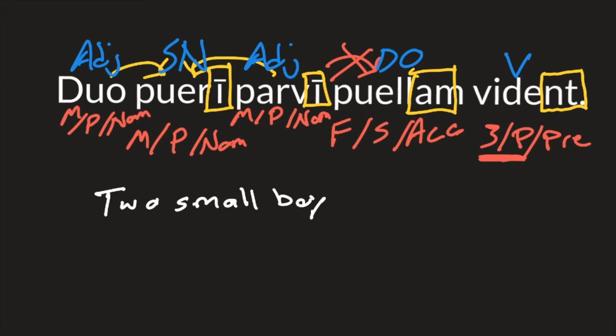You could say the two small boys if you wanted. And then our verb videnti is present tense, so it's just going to be see or are seeing. Two small boys see puellam, our direct object, the girl or a girl. I'm going to say the girl. There we have it: two small boys see the girl.